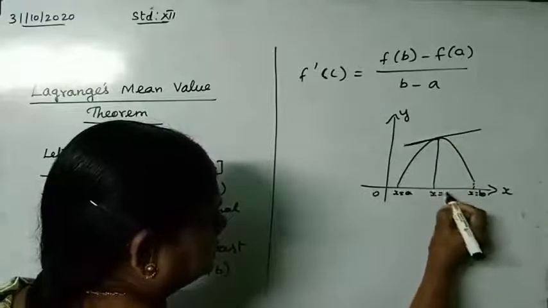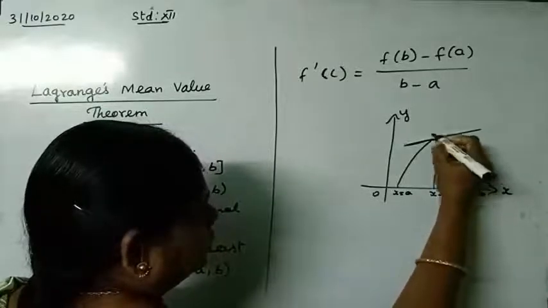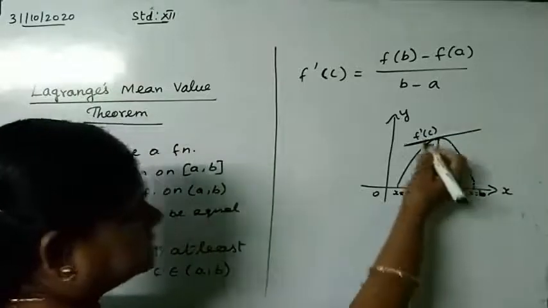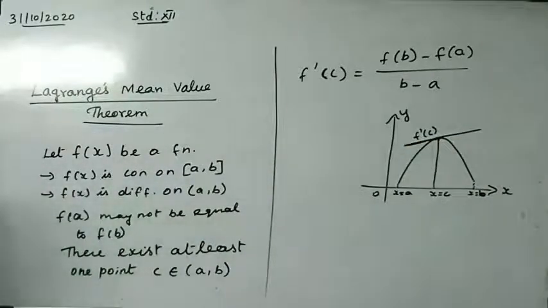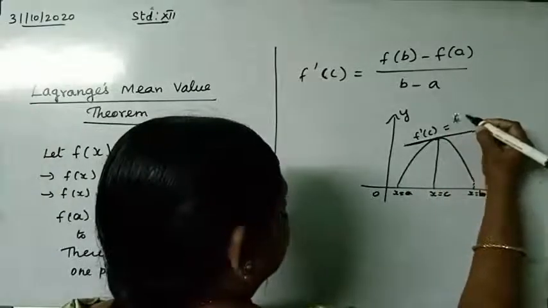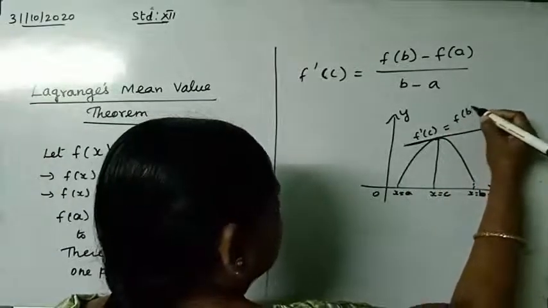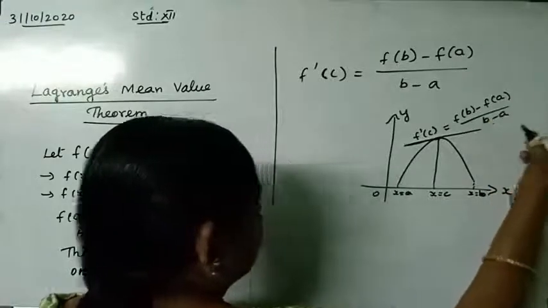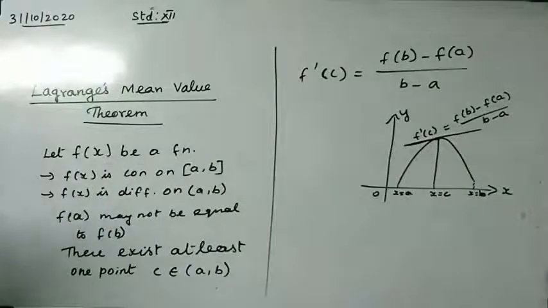So if we want to find the slope f dash of c, there exists a point c, that is the rate of change at c, which gives us the slope, and which is equal to the average value, that is f of b minus f of a by b minus a. So this is the mean value theorem.